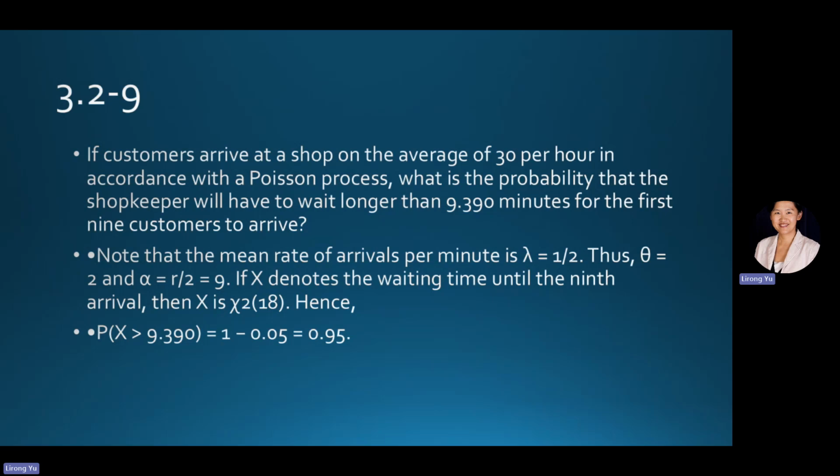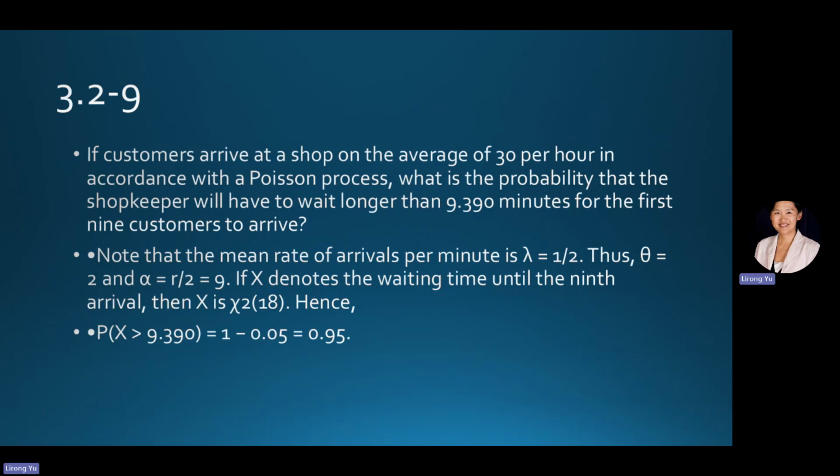Theta equal to 2. That's what makes it possible to do the chi-square. All right, theta equal to 2. And then what's our alpha? Alpha is we're waiting for 9 customers, so alpha equal to 9. r over 2 equal to 9, so r equal to 18. So we use chi-square with 18 degrees of freedom to do the computation. Any question?